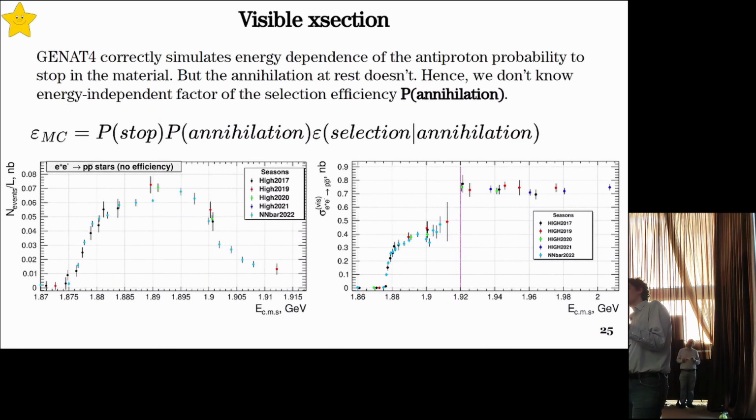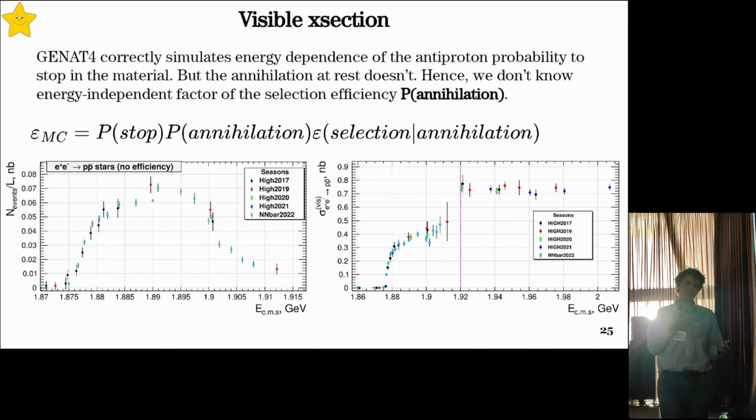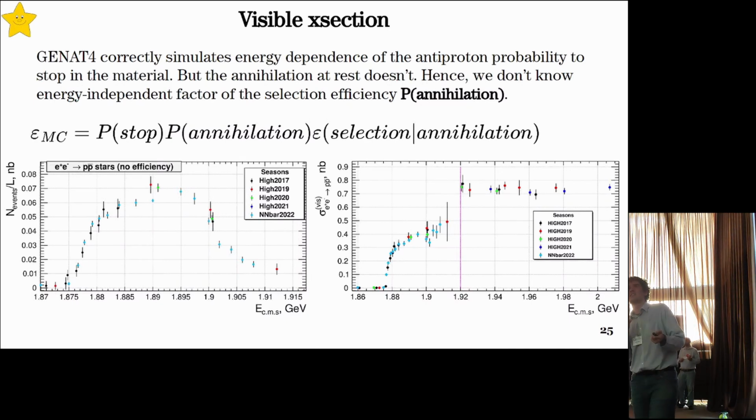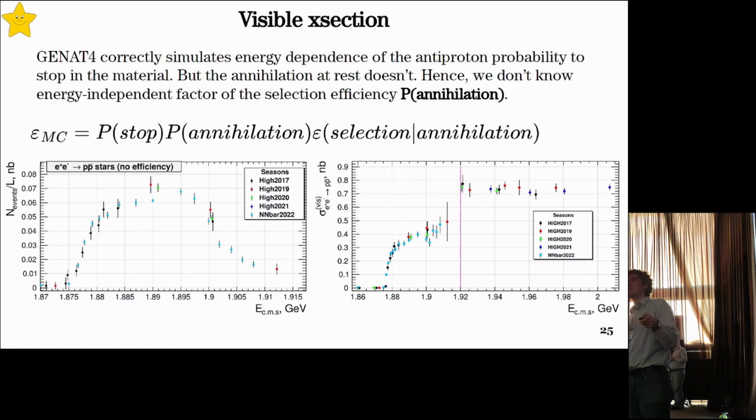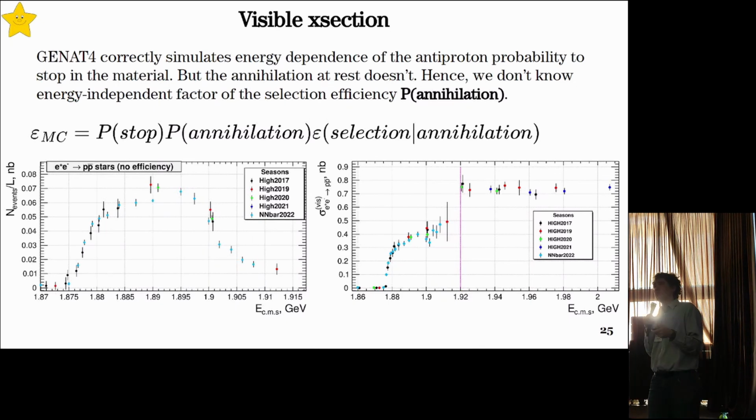constant cross-section. But here we move to another problem, that annihilation cross-section in GEANT is still simply wrong, and we can see it by this relation between visible cross-section versus energy in center of mass system.